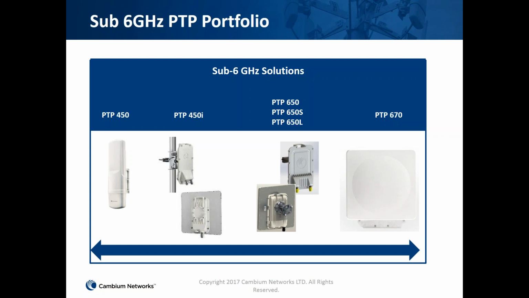For example, the PTP 450i has ARQ, has ATEX, and has lock capability. The PTP 650 has been a forerunner and been there for a number of years. The PTP 650 is also one of our most prominent products, with a lot of feature specs built into it. And our latest 670 takes our legacy product, the 650, and takes it forward one more step.